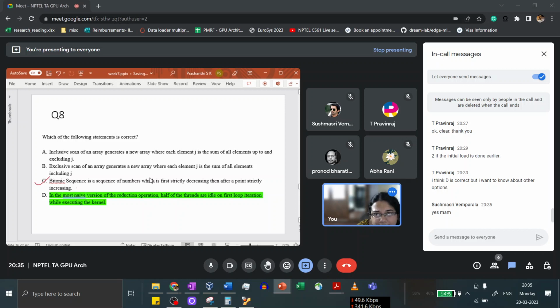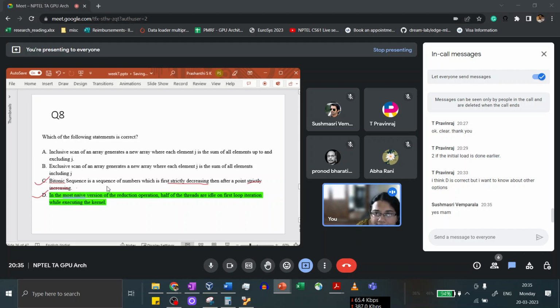So bitonic sequence can also be defined this way, right? Where the order is opposite. It's first strictly decreasing and then strictly increasing. So the official TAs also said that both are accepted answers here. So C and D would remain valid. I will highlight both of them in green before I upload the final version.